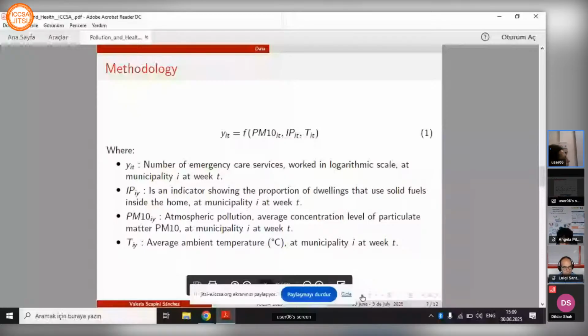An indicator shows the proportion of the used fuels in the city. Particulate matter 10 is the atmospheric pollution average in this city and in this week. The panel data is at city level and at statistical week level. And in the end, temperature is the average of the temperature in the city and in the week.